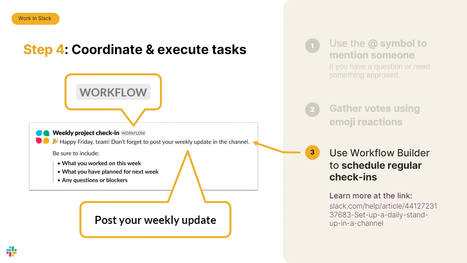Or you can send out a request to a channel for your teammates to share a weekly update and so much more. This is all with the goal of helping you automate your everyday tasks to help you get work done faster. We won't dive into the details of how to create a no-code workflow in this session today, but I invite you to learn more at the link that you see here on the screen. And as always, this will be included in that PDF.